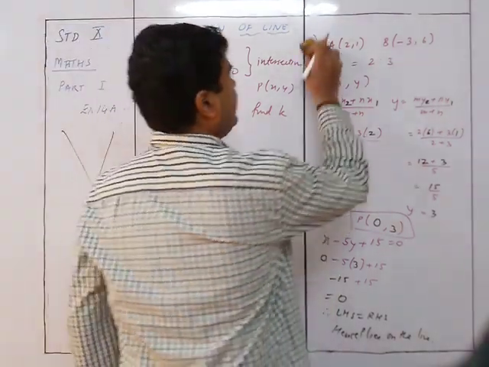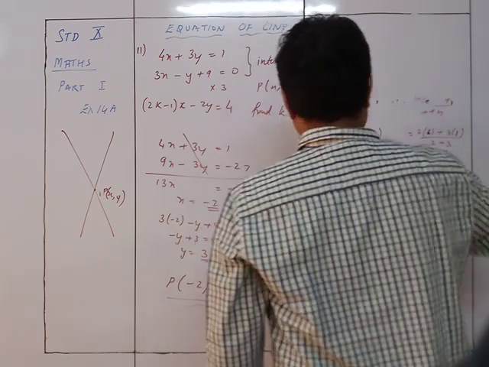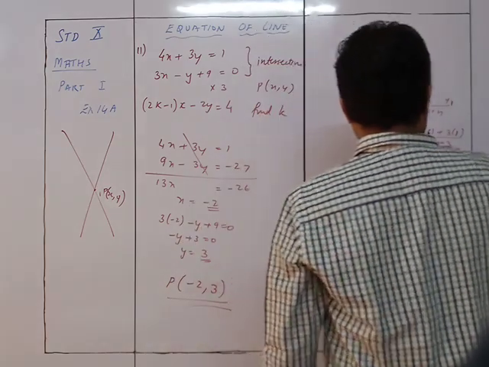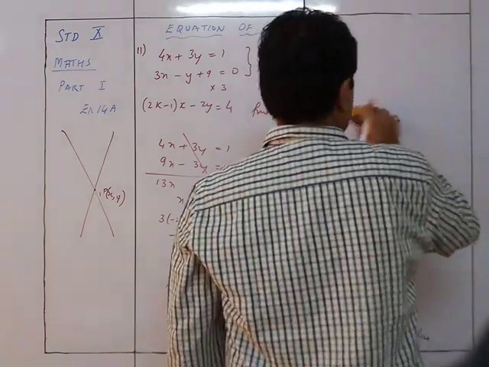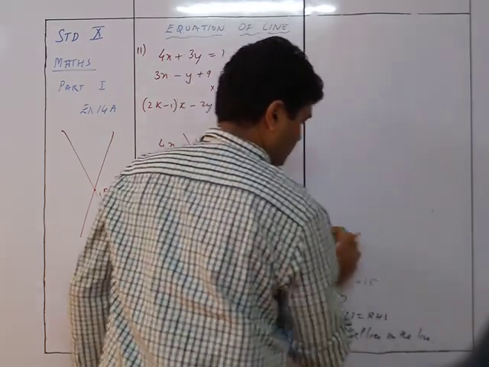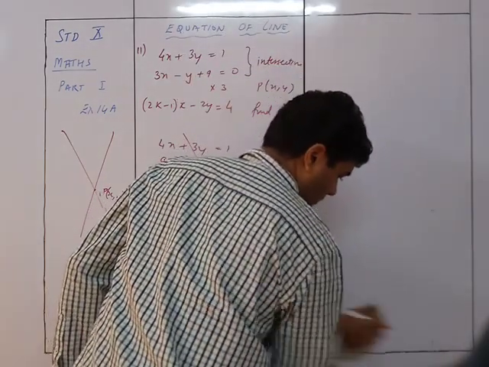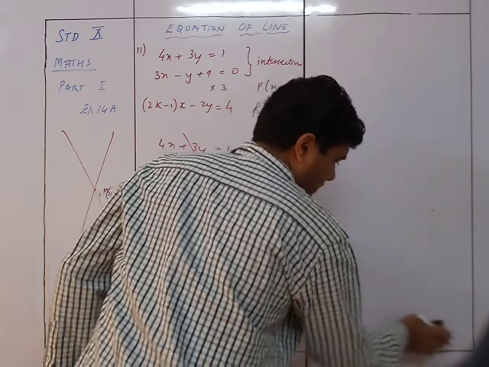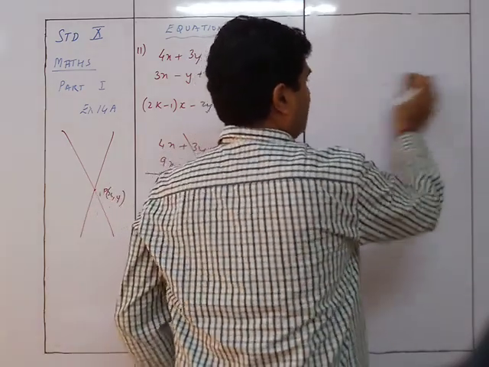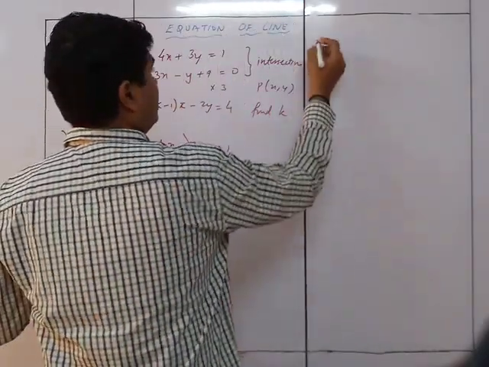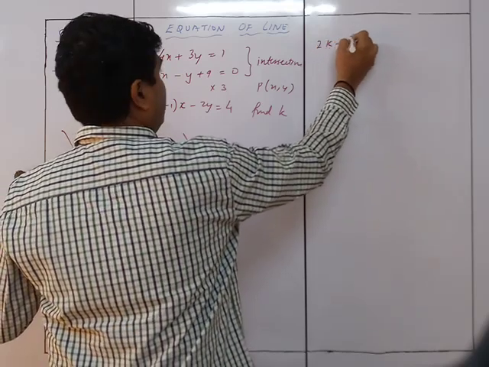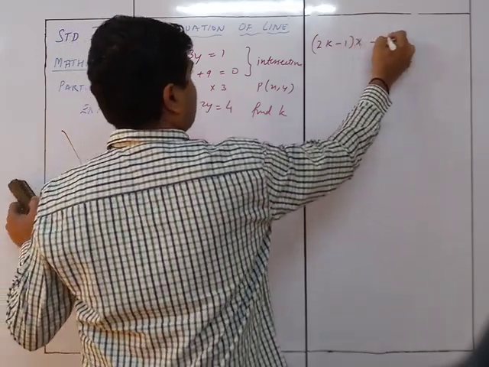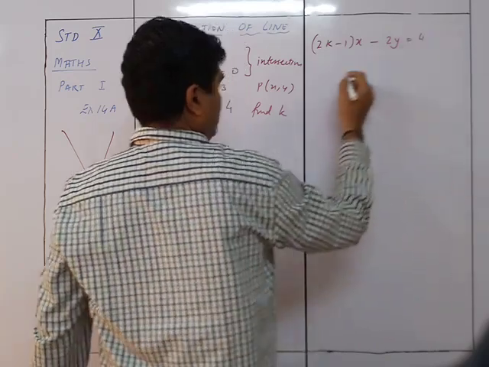Now let's put this in the equation which is given to us to find out the value of k. So we have the equation here, 2k minus 1 x minus 2y is equals to 4.